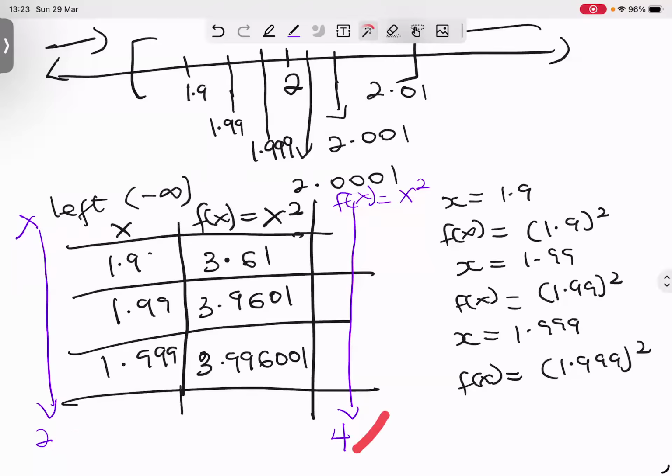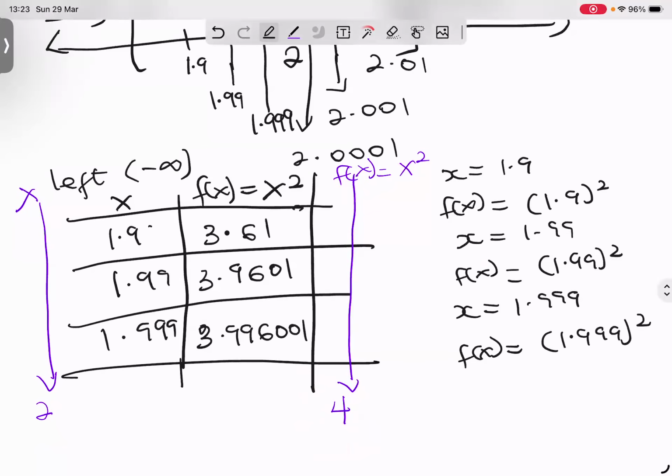If the values are not the same, then 4 is not the limit of the function. In that case, the limit does not exist. For the limit to exist, the value from the left-hand side must be the same as the value from the right-hand side.